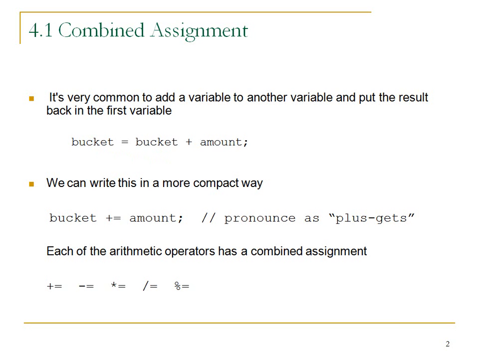We can write this in a more compact way in Java, and we pronounce it as plus gets. So write bucket plus gets amount, and it will do the equivalent of the statement above, adding the amount into the bucket. It's combining the plus and the assignment operator.